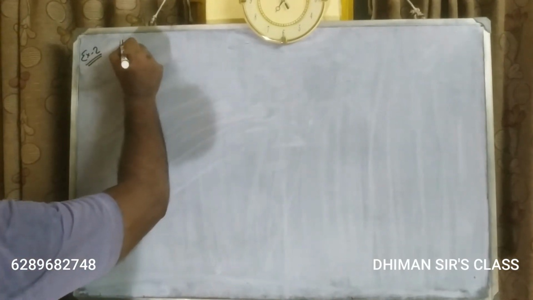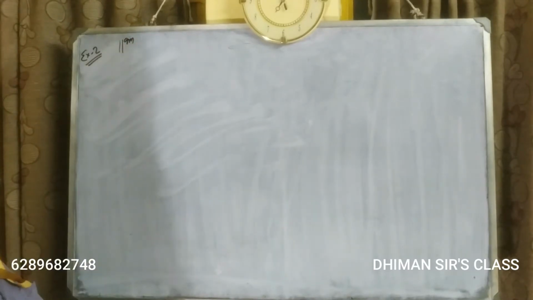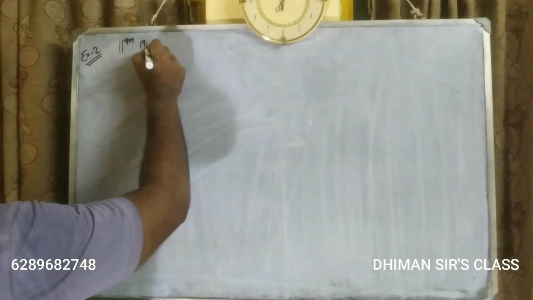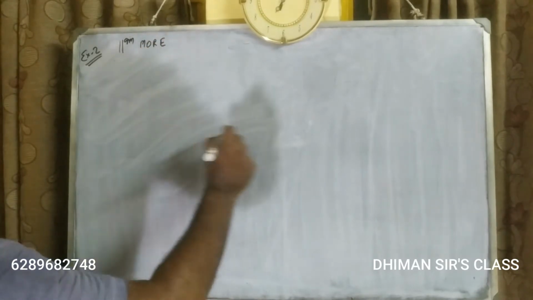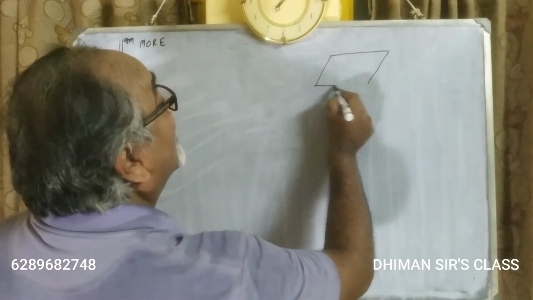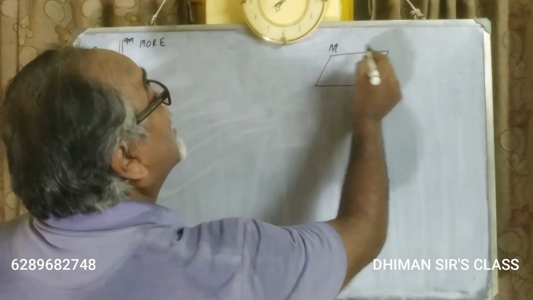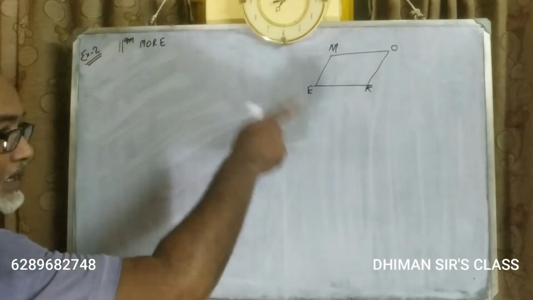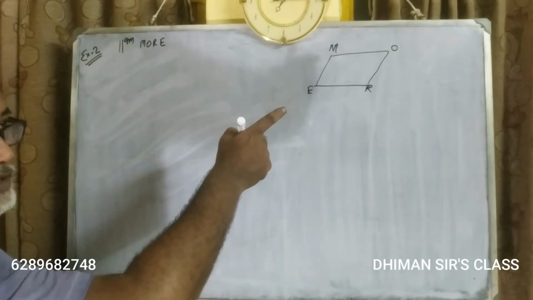Now we will draw a parallelogram and let the parallelogram be MORE. As I told you, you must draw a rough first. Okay?